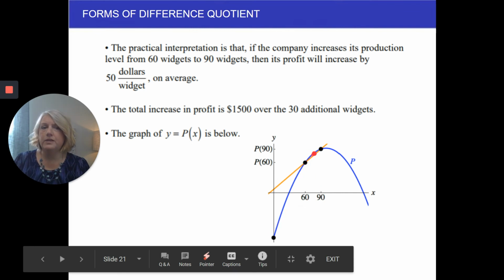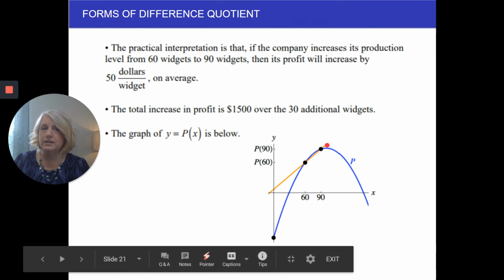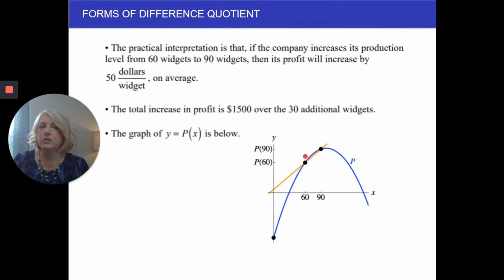This one is our profit increasing as a parabola, so we can kind of see what's going on. We have a nice concave down section. So in the beginning, it's a little bit steeper than it is at the end. So we're probably gaining a little bit more than $50 per widget when we start adding the numbers past 60, and then less so when we get to 90, but we're still gaining. So that's a good thing. Our profit is still increasing.